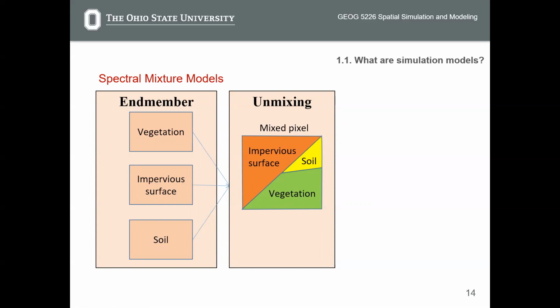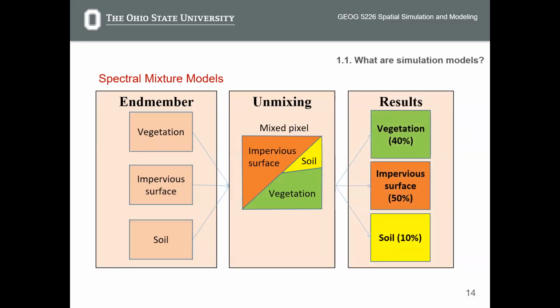So I'm not going to give you details, but by the end of this spectral mixing model procedure, when we finish this unmixing process, we have results, right? Vegetation is 40%.